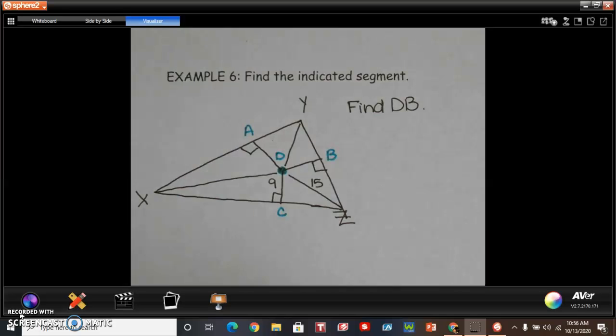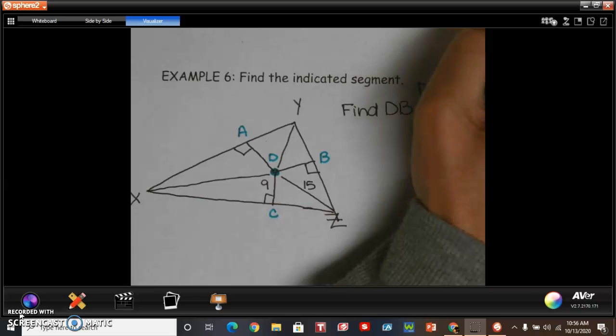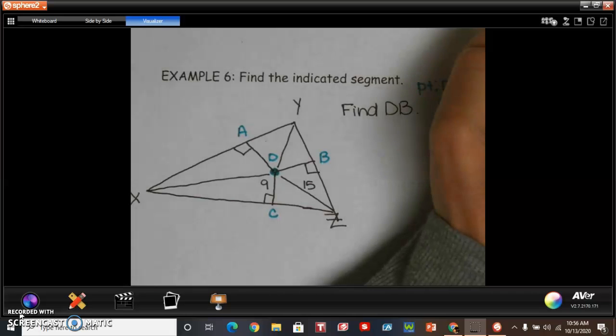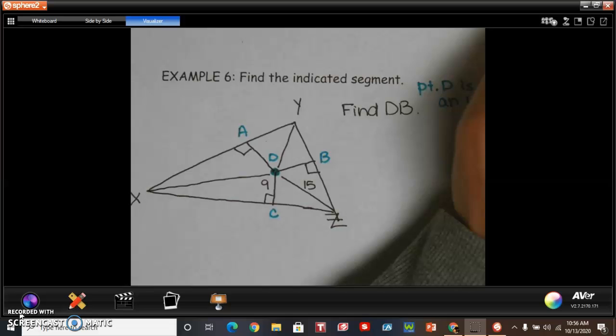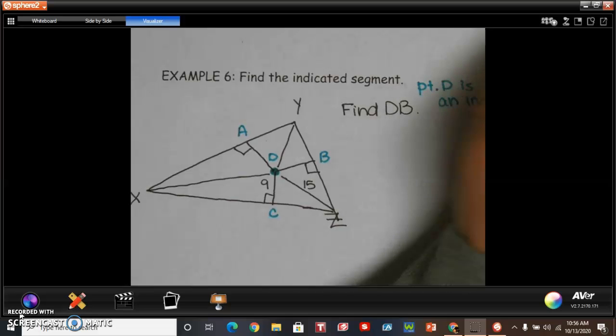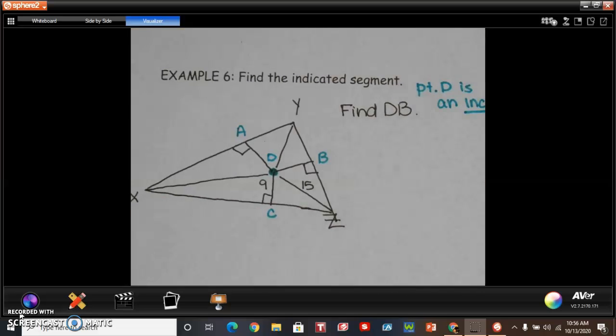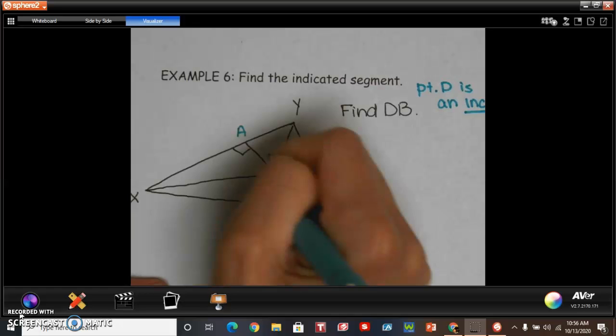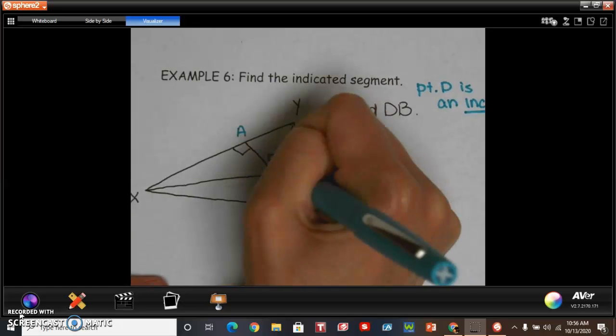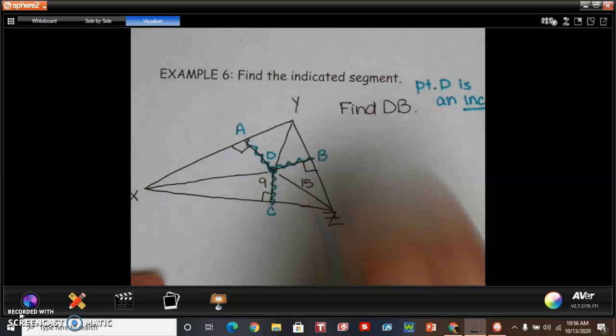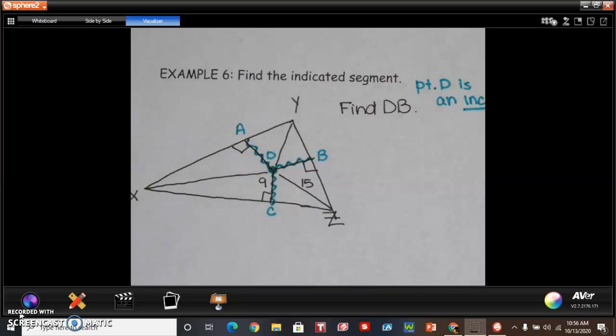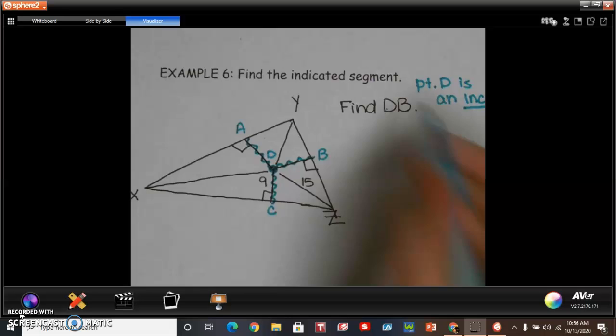I would tell you right now that point D is an incenter. So instantly when you see that word incenter, you need to remember our box segments are congruent. So all of these segments with boxes, also known as being perpendicular, are the same length. They want to know how much is DB.